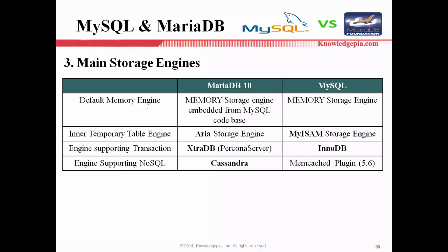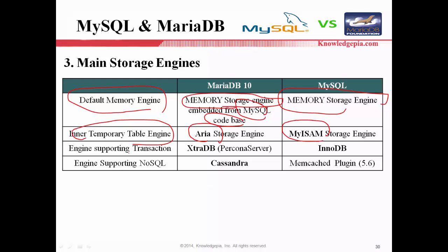Main storage engines. For the default memory engine, it's a similar memory storage engine embedded from MySQL code. But for the temporary table engine, MariaDB uses Aria, but MySQL uses MyISAM. For the engine supporting transactions, the default storage engine of MariaDB is XtraDB, coming from Percona Server, but in the case of MySQL it is InnoDB.